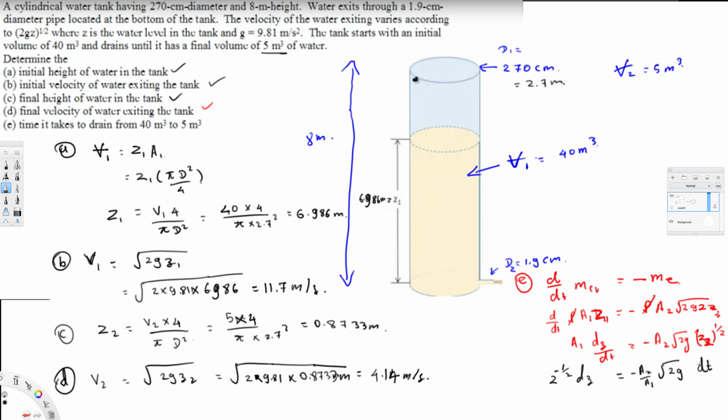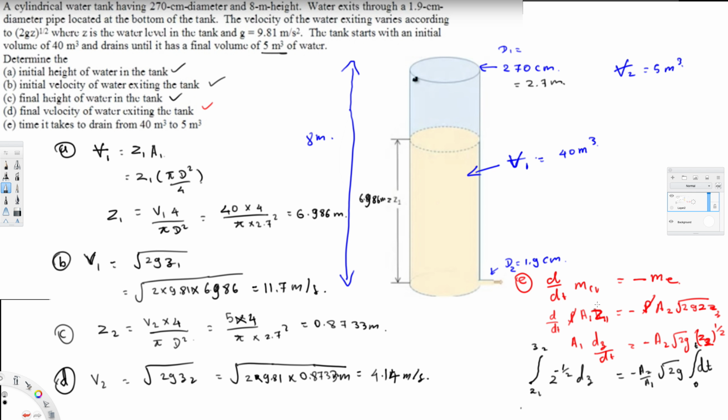Since we are trying to find this t right here, time is the question. We have dt. Let's integrate these things. So if we integrate this one, this is going to be z1 to z2. This is 0 to t. Right, that's the ratio right here.